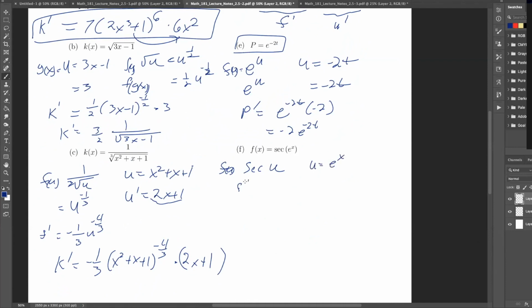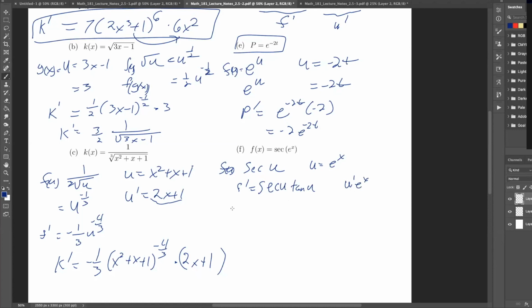The derivative of secant, I should know this answer. Secant tangent, right? Let me double check that. Secant u tangent u. And e to the x is still just e to the x.